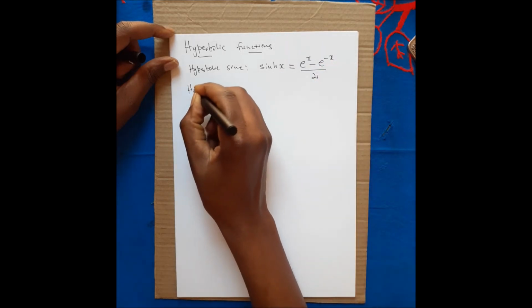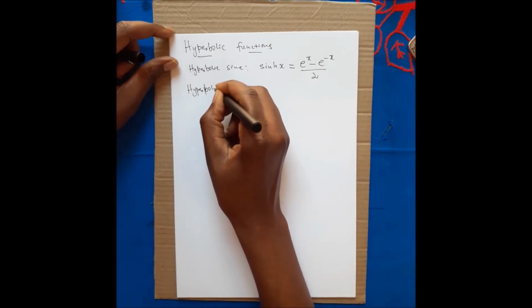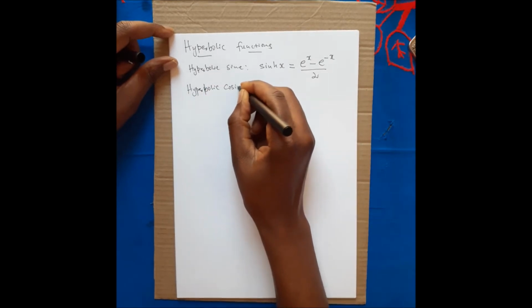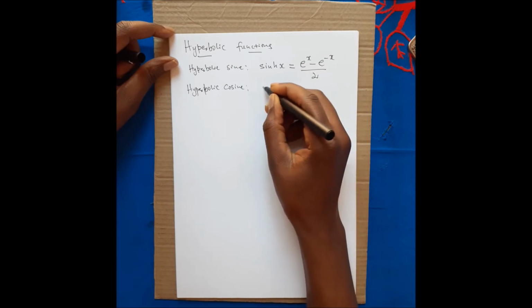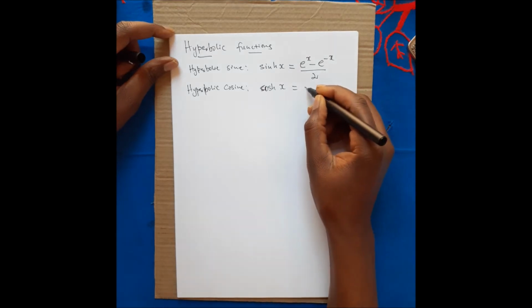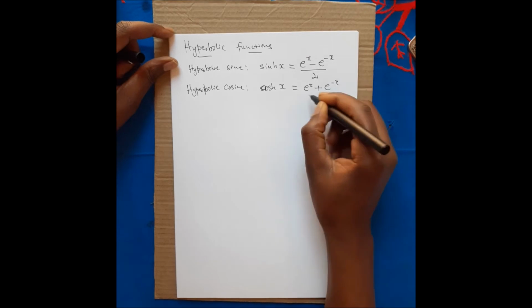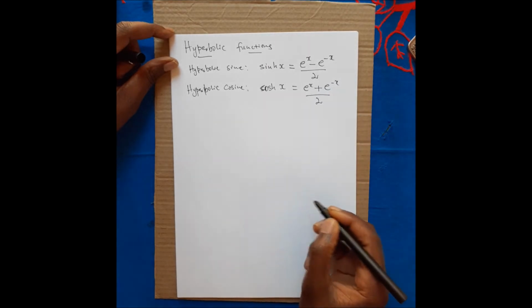So we can also have the hyperbolic cosine, which is given by cosh of x, which is e to the power of x plus e to the power of minus x over 2.